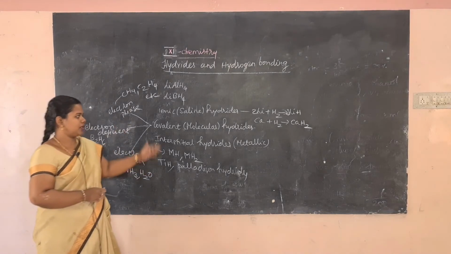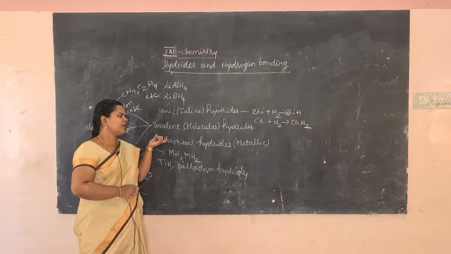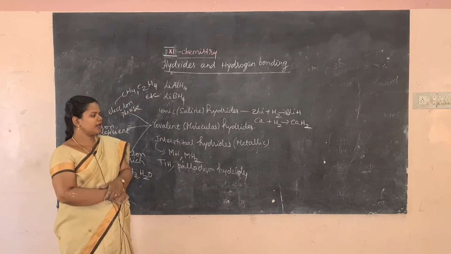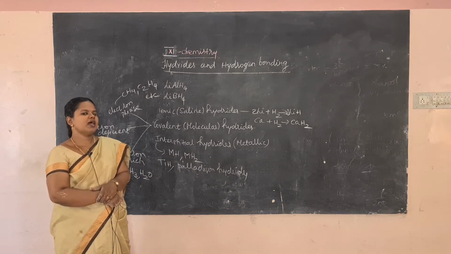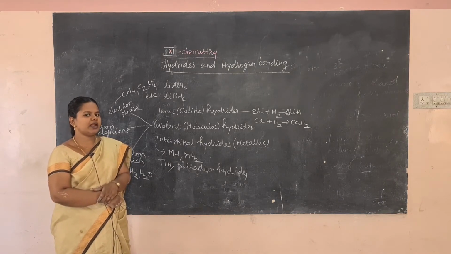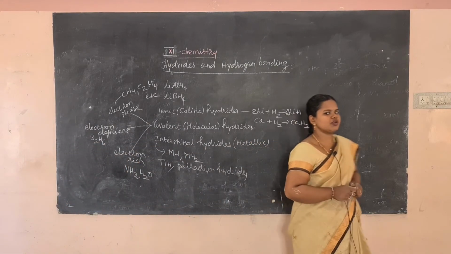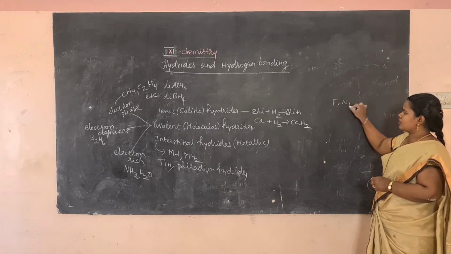So these three are the different types of hydride: ionic or saline hydride, covalent or molecular hydride, and interstitial hydride. Then hydrogen bonding. What is hydrogen bonding? A bond formed between a highly electronegative element and hydrogen is known as hydrogen bonding. That is, hydrogen forms a bond with highly electronegative elements like fluorine, nitrogen and oxygen.